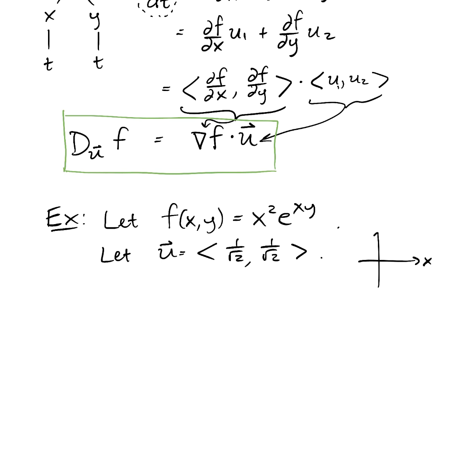X, y, and the role of the u in this example is that blue vector right there. So that's a picture of what's happening in the domain.